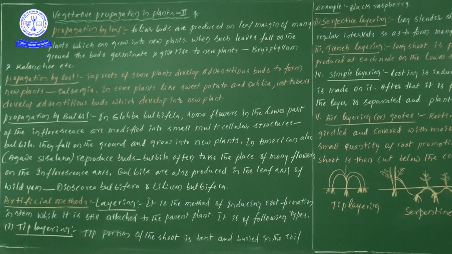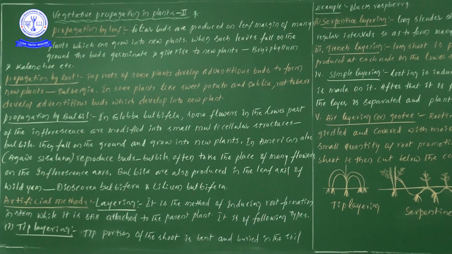Let us see that statement one more time. In layering, we induce root formation in a stem while that stem is still attached to the parental plant. So we can understand very clearly.